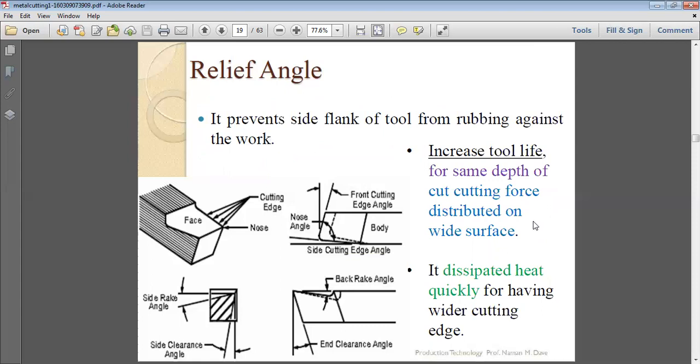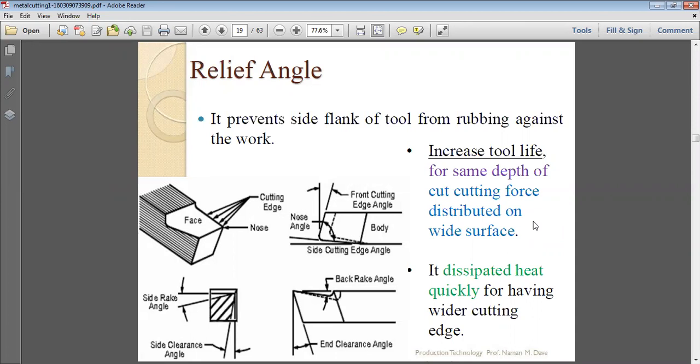So, what are its advantages? Increased tool life. Obviously, if the contact is reduced, then the tool life is increased. For the same depth of cut, the cutting force is distributed on a wider surface.